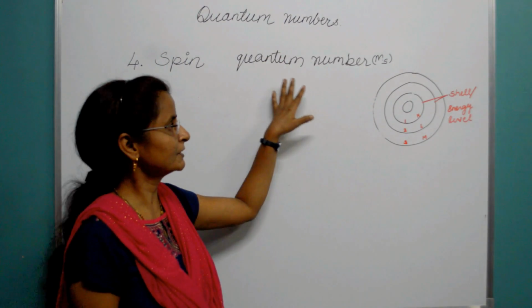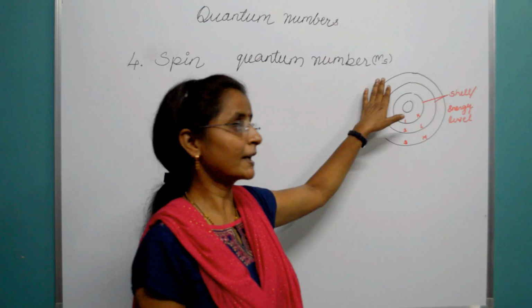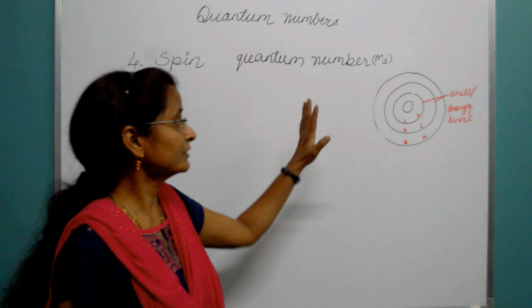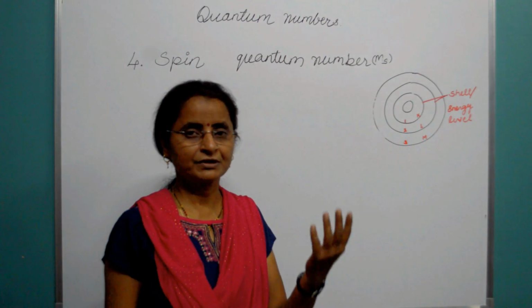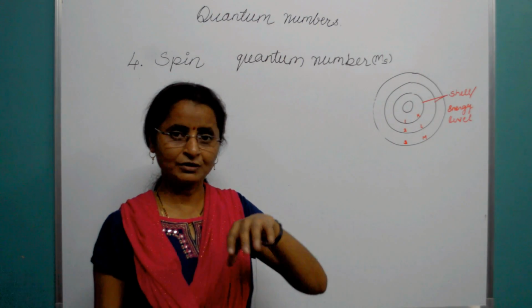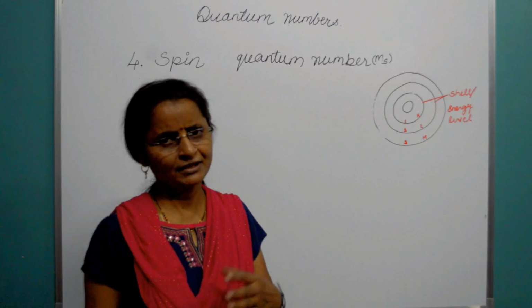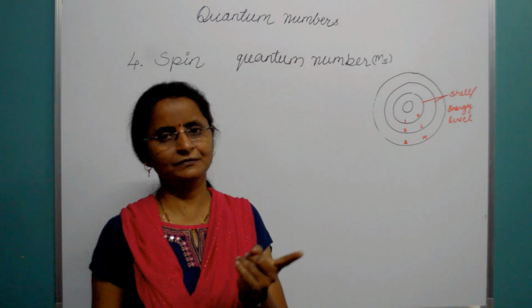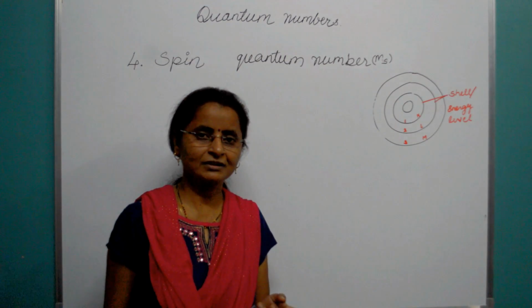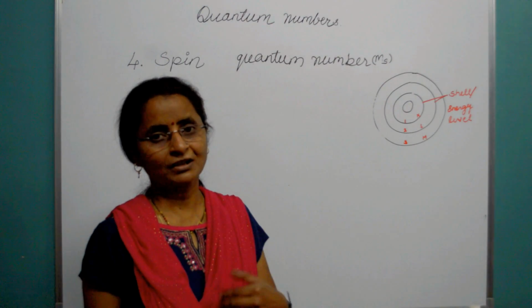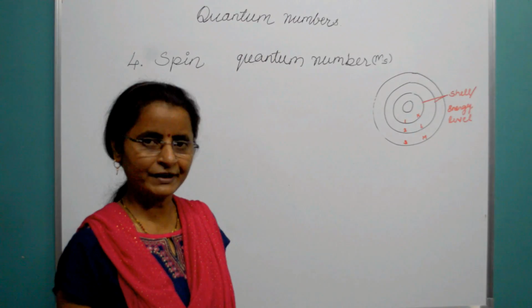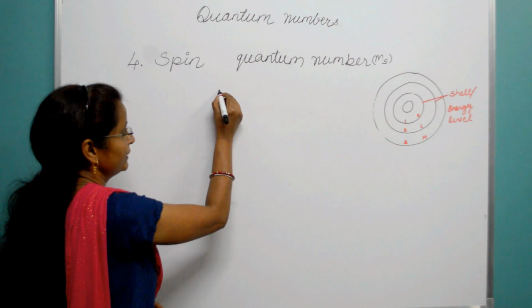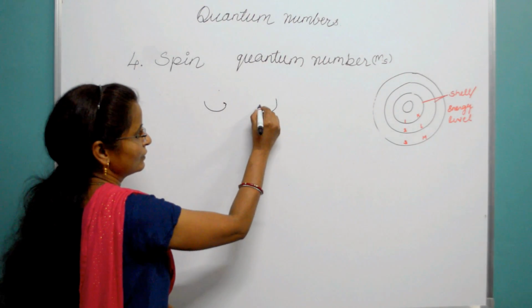spin quantum number, and it is denoted by ms. Okay, now here just like the earth revolves around the sun and also spins on its own axis, in the same way the electron revolves in an orbit as well as spinning around itself. So electrons spin either clockwise or anti-clockwise.